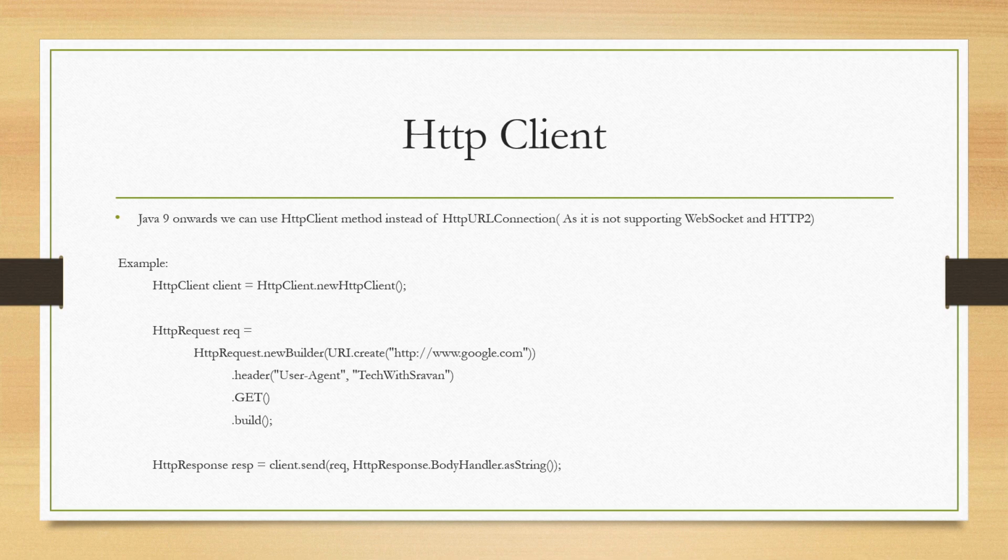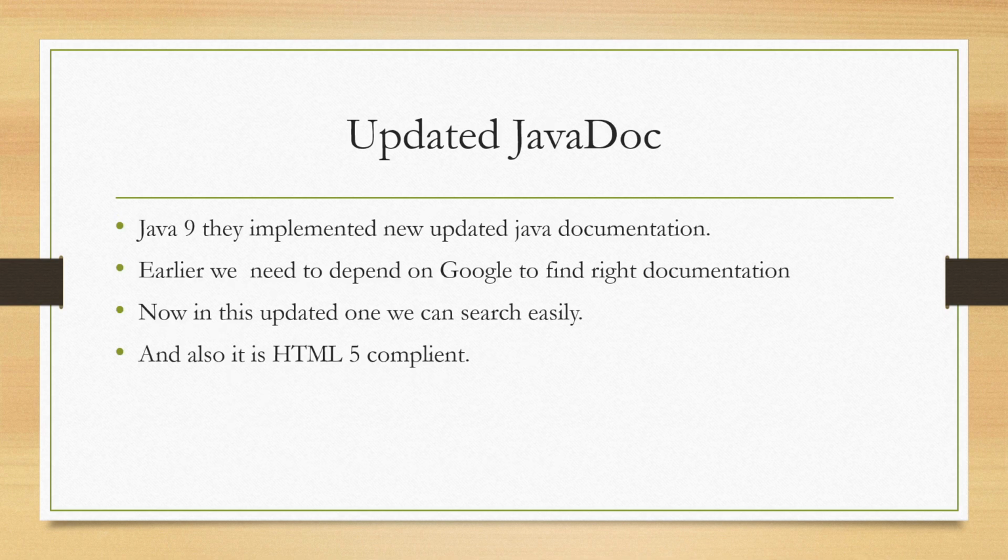Okay, we will go to the next feature, the updated Javadoc. Up to Java 8, if you wanted to see any class implementation or related information about classes, we did not have that many features in the earlier Java documentation.